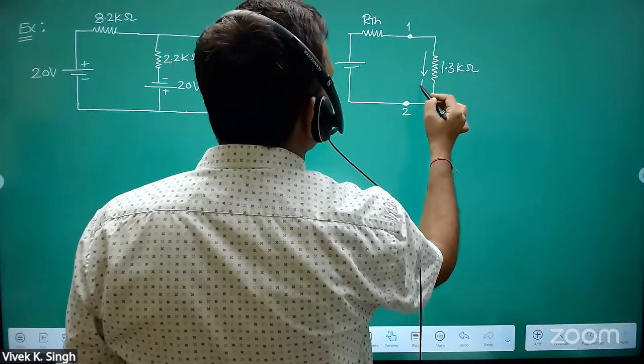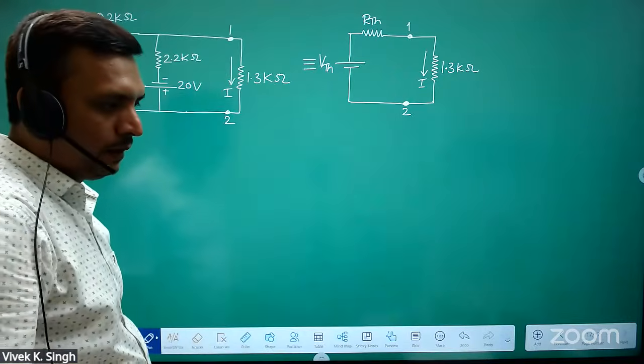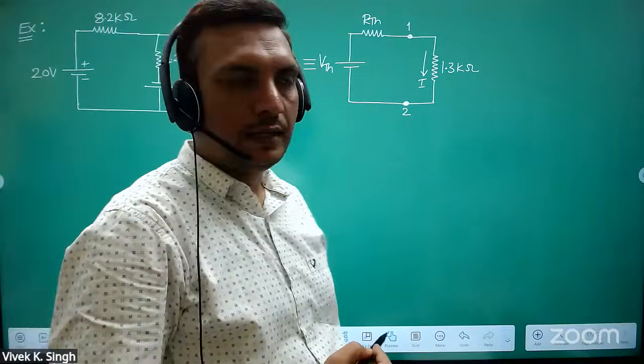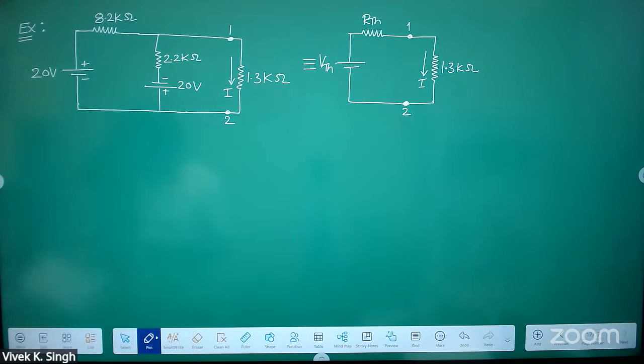Now this current is I. Now let's find VTH and RTH. Try to find VTH and RTH.